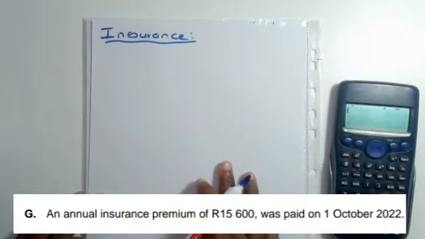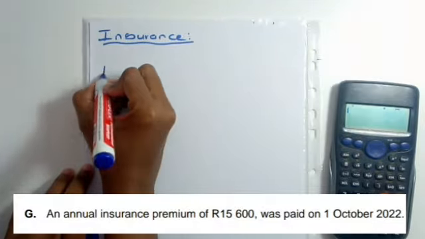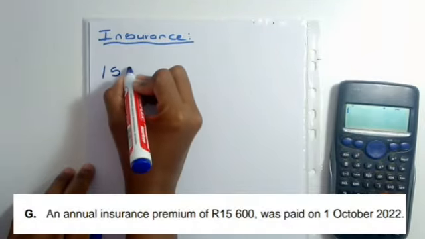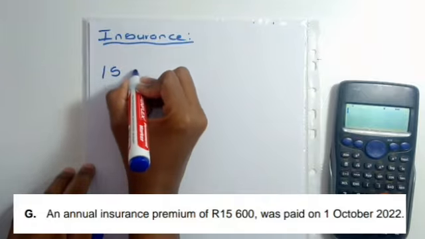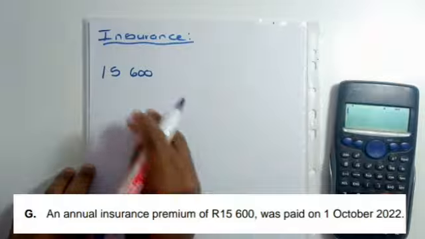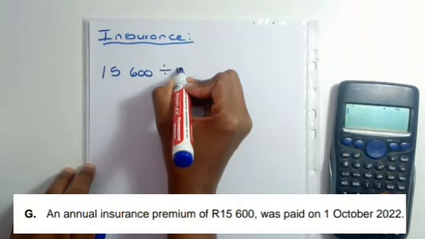So we are going to say we have been given an annual premium of 15,600. This is annual, so we need to know how much it is per month.